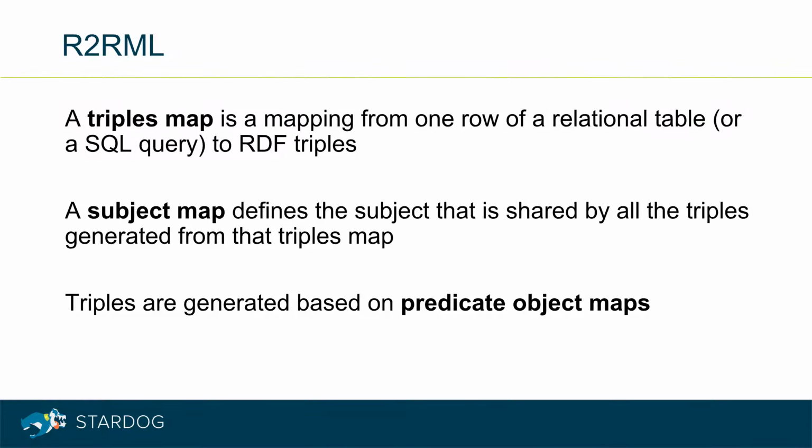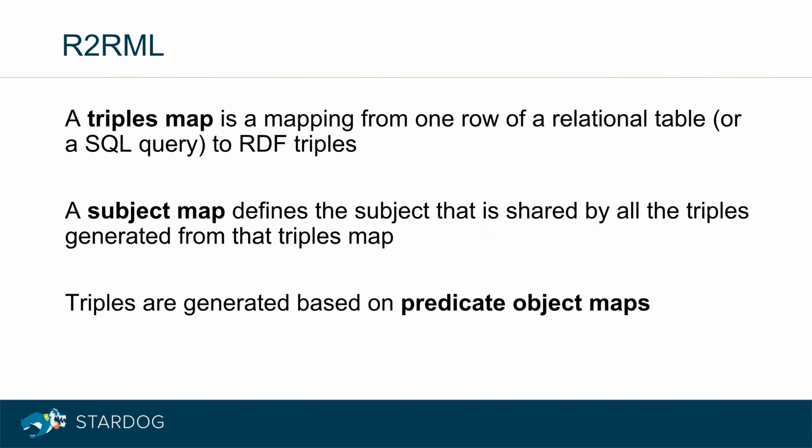So R2RML has some vocabulary to refer to the different parts of the mappings. A triples map is the mapping from one row of a relational table or a SQL query to RDF triples. So what we were looking at with the artist table was one triples map, the album table was another triples map, and so on. A subject map defines the subject that's shared by all the triples generated from that triples map.